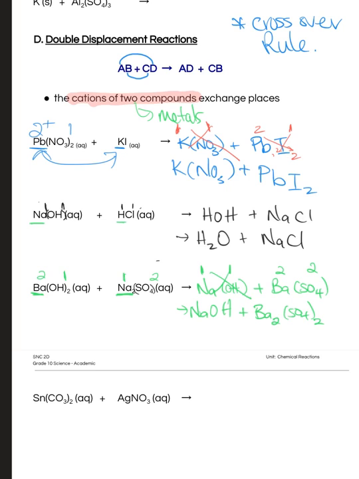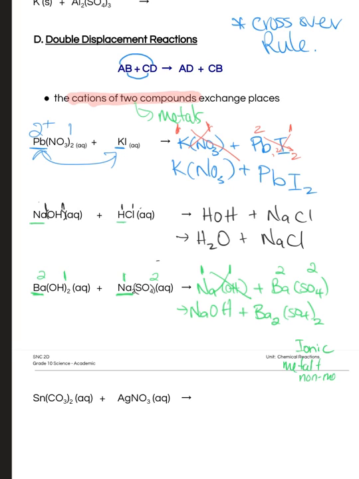Okay, and we're going to look at this for a second. Now, these numbers, again, I just got from crisscrossing them like this, okay? Now, what do we know? If this is a cation and this is an anion, then really this is making an ionic bond. So this is a metal plus a nonmetal.